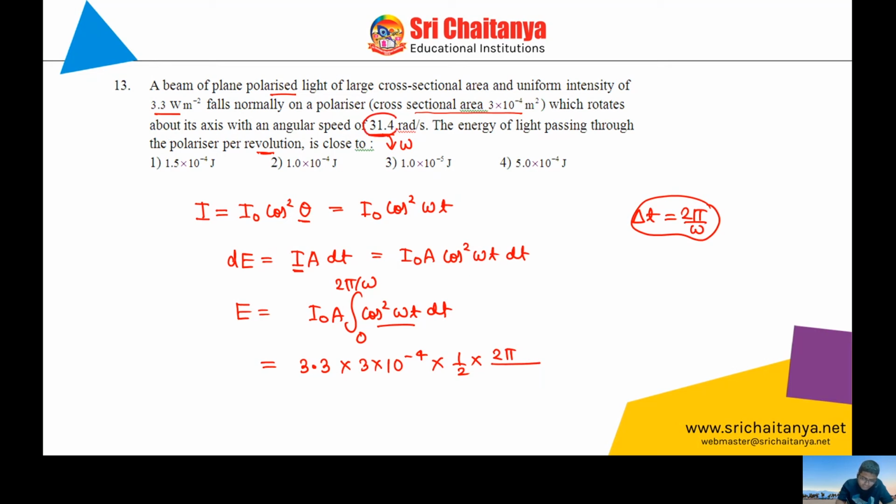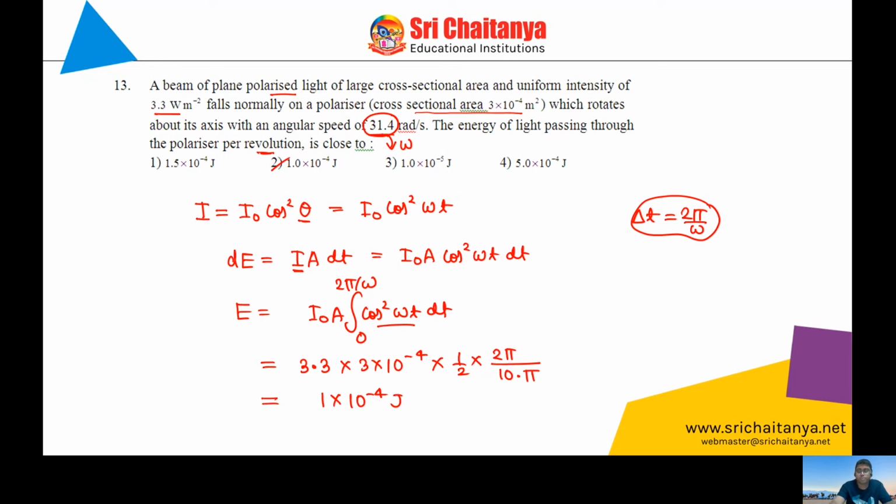That is 31.4, so rather I would prefer to write it as 10 pi. After doing the calculation, you will simply get 1 into 10 to the power minus 4 joules, which is option 2. So that is question number 13.